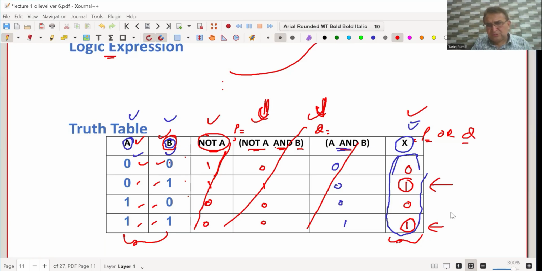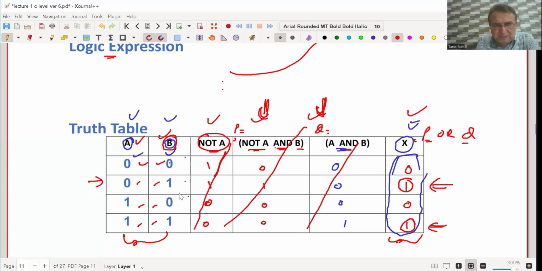The example is over, but I'm going to show another concept: if you are given a truth table, to write down the logic expression from that truth table, you just have to see the output column where output is 1. It is in these 2 rows. And then look at the input entries for those.